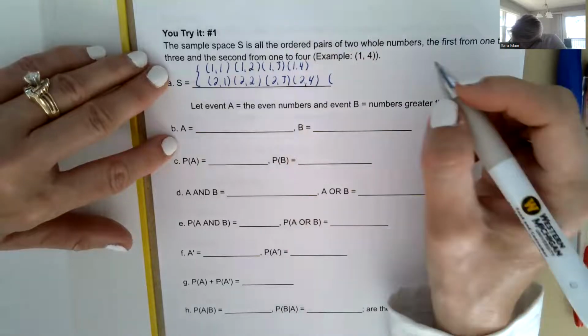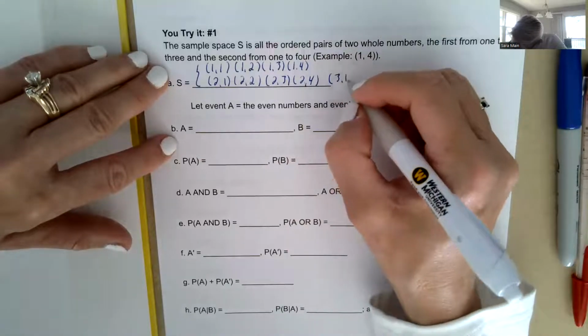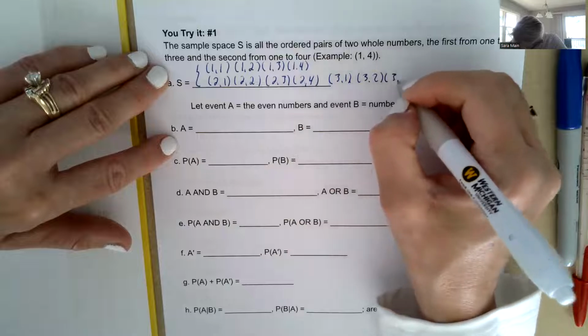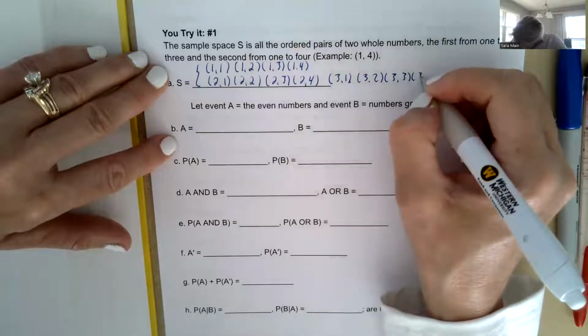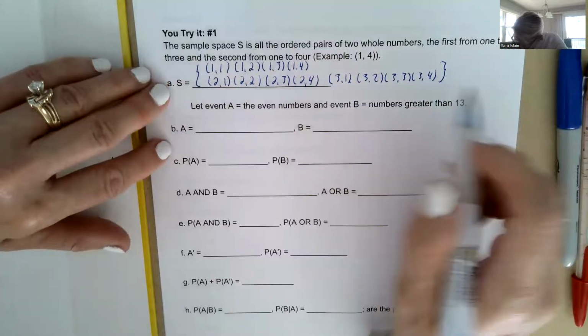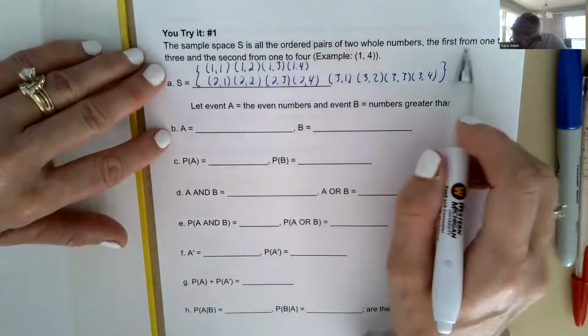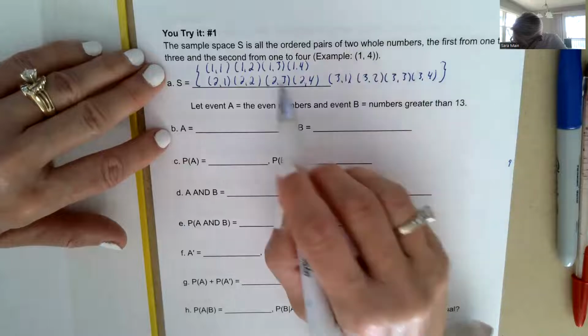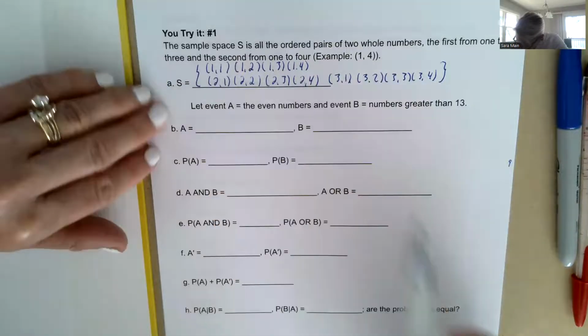And then we've got 3,1, 3,2, 3,3, and 3,4. So there were 3 possibles for the first one, 1, 2, and 3, and 4 possibles for the second one, 1, 2, 3, and 4. So there should be 12.